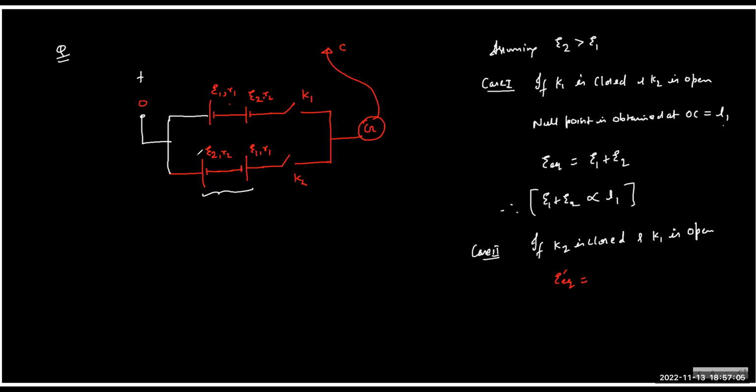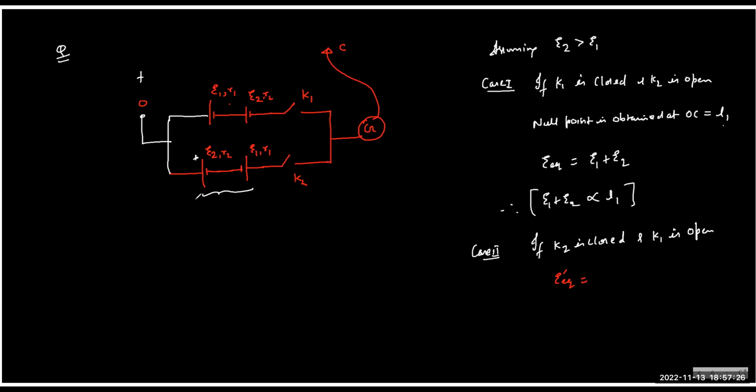The positive must be facing the positive of the actual circuit. So the left end must be positive, which is only possible when E2 is more than E1. If I make E1 bigger, the net EMF becomes negative for the left end.